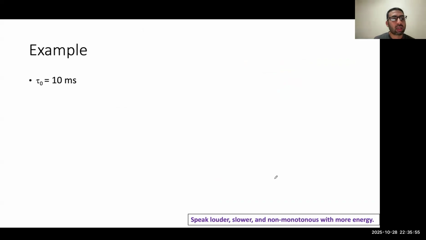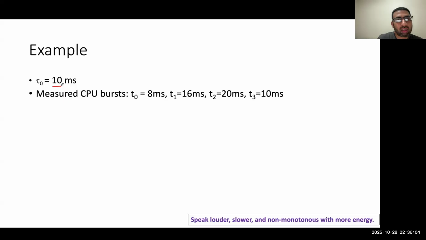Let's say that we have a process for which tau 0, which is basically the estimated length of the first burst, is 10 milliseconds, and at the same time we know the actual length of the first burst, which is 8 milliseconds, the actual length of the second CPU burst, which is 16 milliseconds, the actual length of the third CPU burst, 20 milliseconds, and the actual length of the fourth CPU burst, which is 10 milliseconds, right?